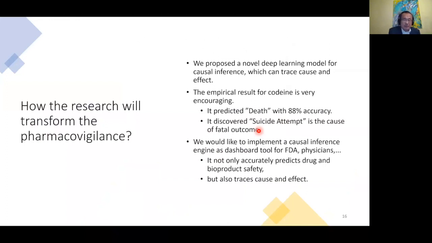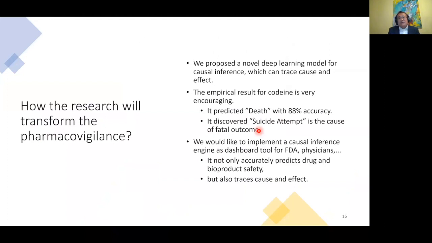You also give the kind of treatment you intend to use, and the model will give you the probability of the potential clinical outcome or any other severe adverse events.